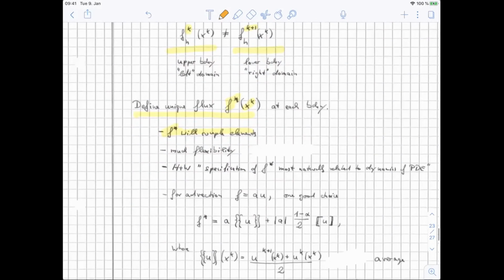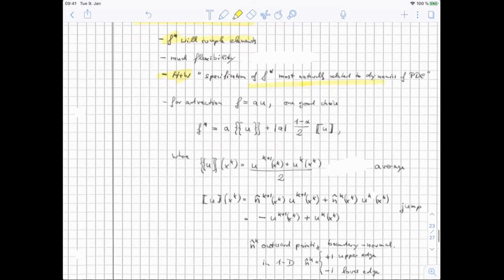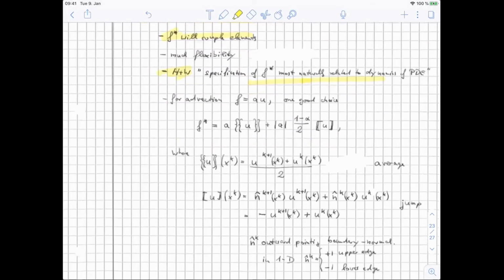So there's a lot of flexibility in defining these fluxes. The standard textbooks here, Hesthaven and Warburton, which is also given in the list of books, say a very helpful specification of F star is one most naturally related to the dynamics of the PDE. Well, yes, I honestly don't really understand yet the magic of choosing F star in generic cases.